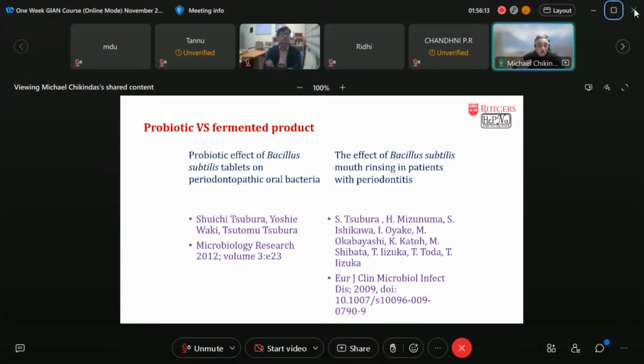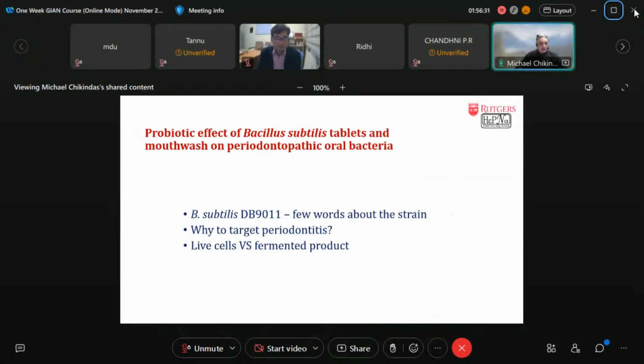So, two probiotic formulations, rather, I want to introduce: the probiotic microorganism and the probiotic-derived mouth rinse. Both came from studies conducted in Japan. The microorganism used for these studies is Bacillus subtilis DB9011. And why is this microorganism interesting, what is so special about it? This is a soil isolate.